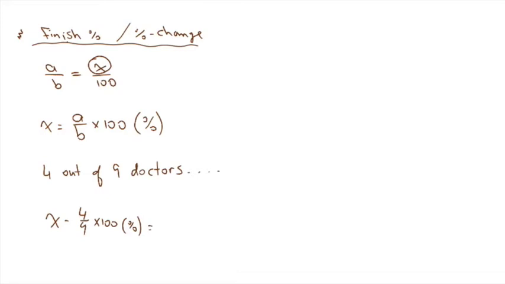Don't do sub-calculations. Do the whole calculation: 4 divided by 9 times 100 equals 44.4%. So you could say 4 out of 9 doctors, but you also could say 44.4% of the doctors agree with whatever is being said. That just makes things a little bit quicker than trying to do a proportion-style approach.